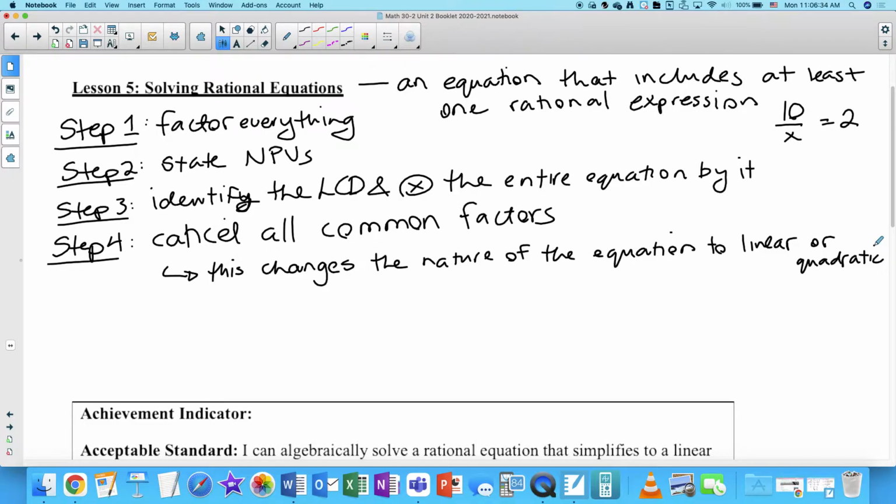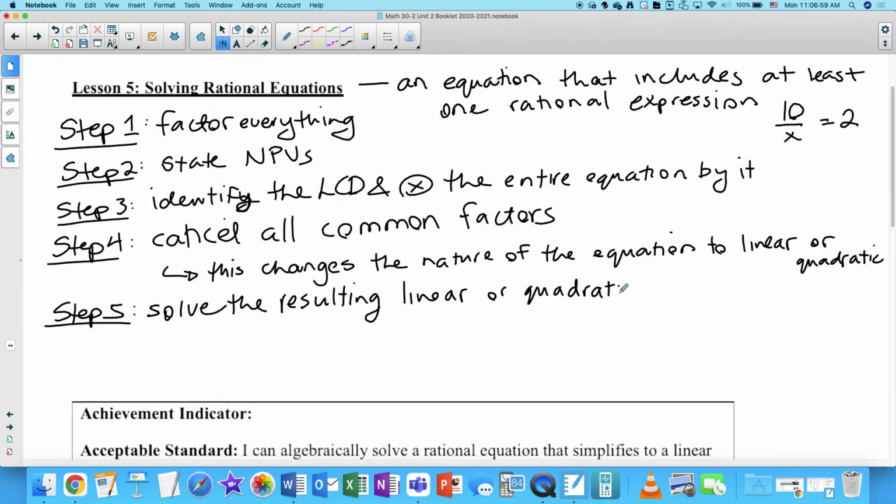So once we change the nature of the equation, then we've got to solve that resulting linear or quadratic equation. So that's step 5. All of that practice that we did at the beginning of class today and also the Friday before the break was just practicing step 5: how do you solve a linear or quadratic equation?